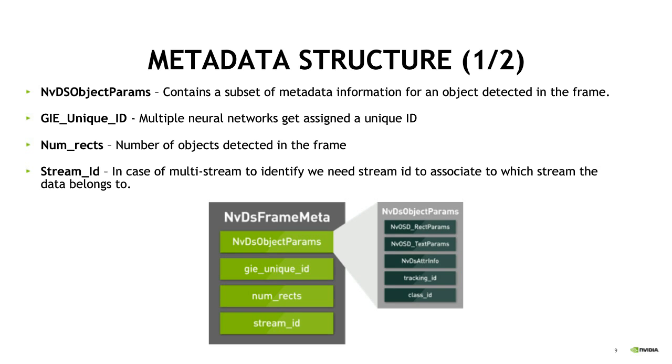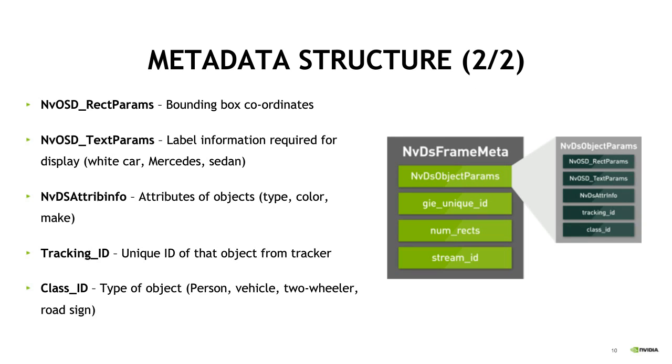For each object that has been detected, we have the following parameters. NVOSD-rect-params provides bounding box coordinates for the object. NVOSD-text-params provides label information required for display, such as a white car that's a Mercedes.